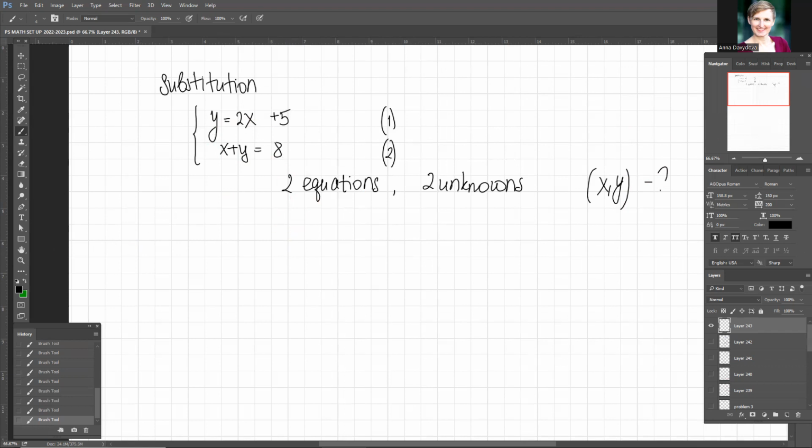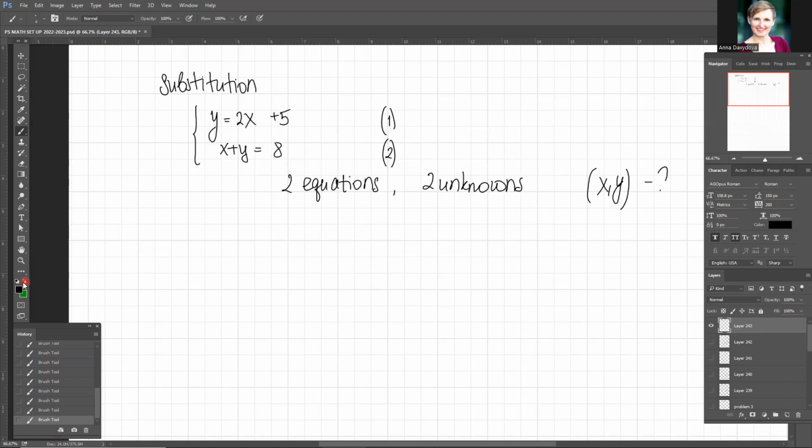So to solve the system by substitution, we need to make sure that we have one variable expressed in terms of the other variable. In this case, y is expressed in terms of x. y equals 2x plus 5.